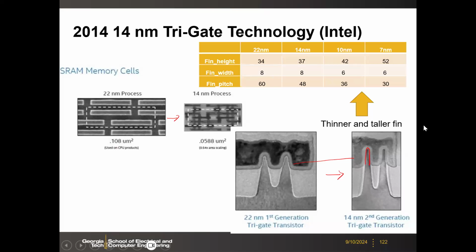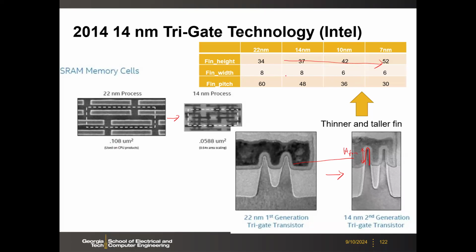So here we summarize some typical numbers. Of course, different foundries may have a little bit different design, but these are general dimensions. Let's say from 22 nanometer down to 7 nanometer, the height of the fin becomes higher and higher.